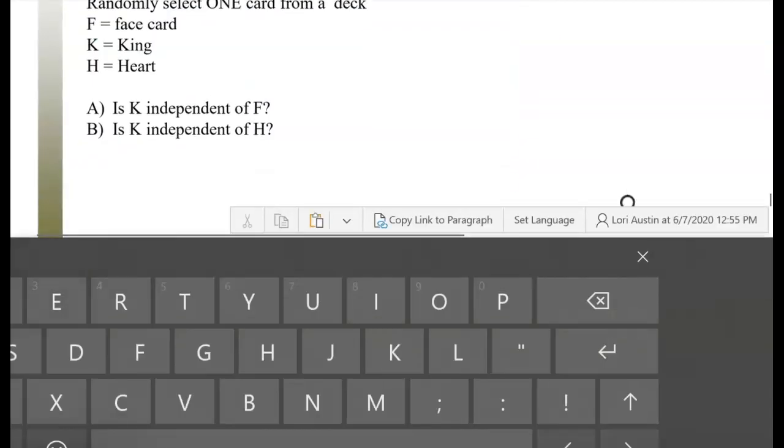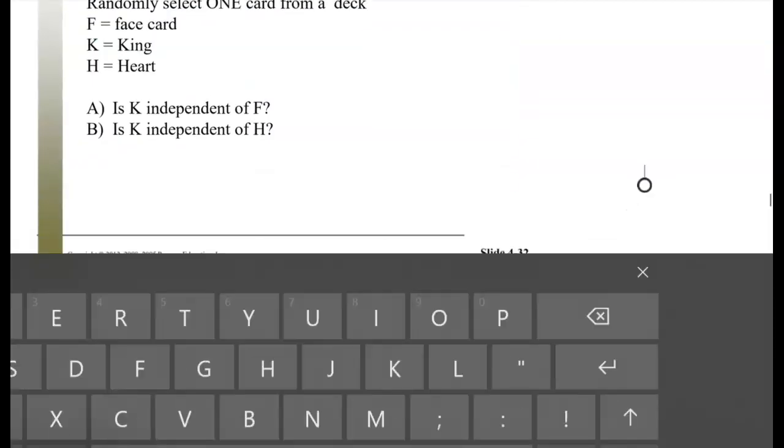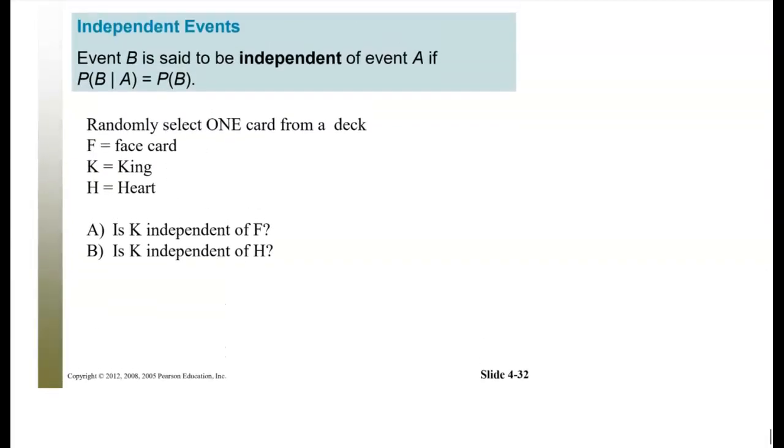So now let's try to understand this concept of independent events. B is independent of A if the probability of B given A actually equals the probability of B. So if that condition had no impact on our original probability, then those two events are considered independent events.